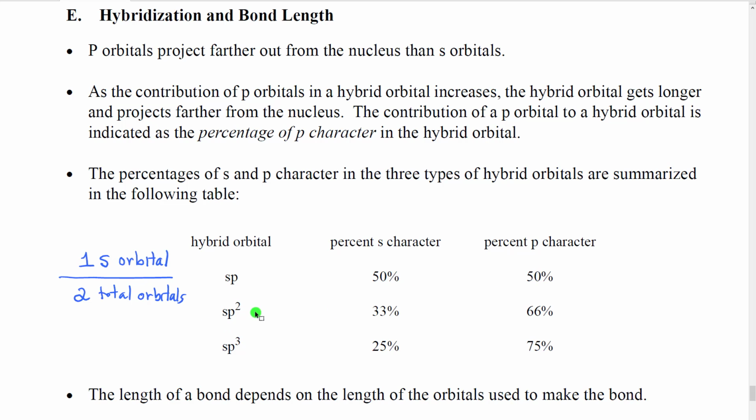In an sp2 orbital, we have 3 total orbitals, a single s, so 1 divided by 3 is 1/3, 33% s. And then we have 2 p orbitals divided by 3, 2/3 is 66% p, and so forth.